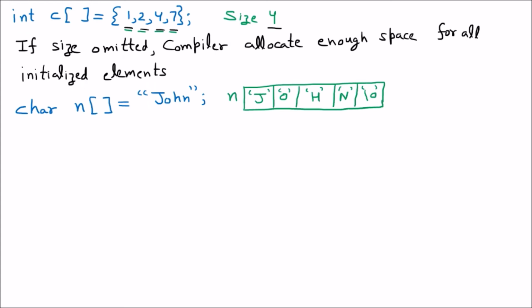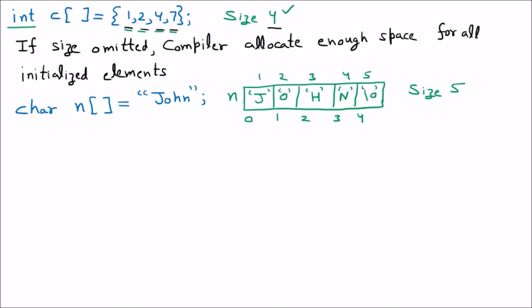Now we know that it will start from 0, 1, 2, 3, 4. So in that case the size of the array will be 1, 2, 3, 4 and 5. So 5 is there, which means the size of this array will be declared as 5. So what we have learned is, in the case of an integer array, there is no null character, that's why the size is 4.